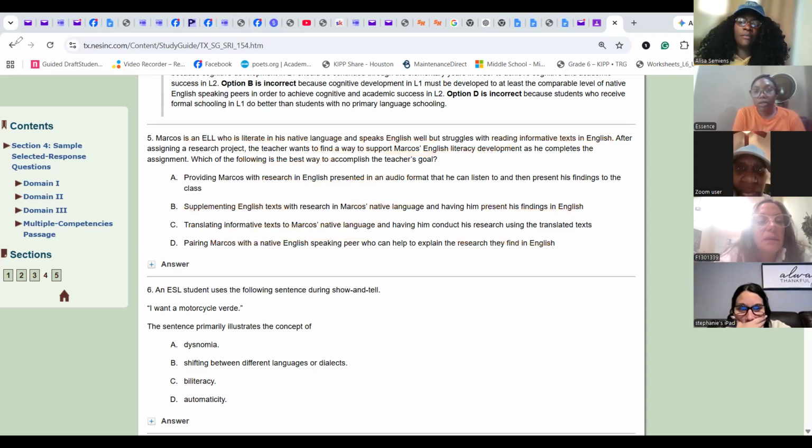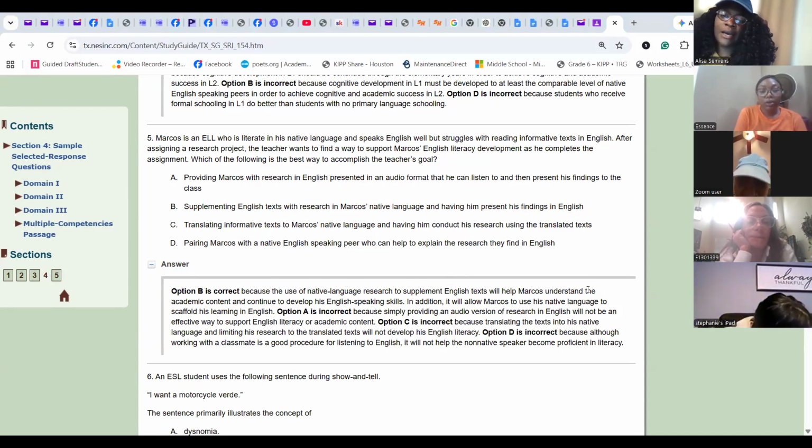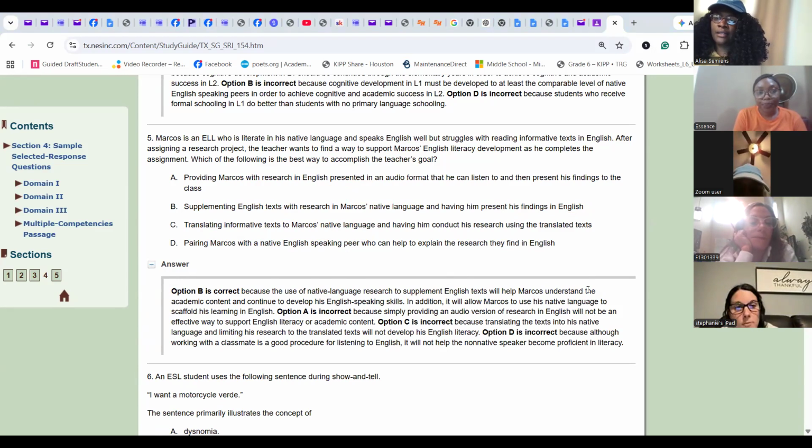So having him present his findings in English, B would be correct, okay? Because the use of native language research to supplement English text will help Marcos understand the academic content and continue to develop his English speaking skills. In addition, it will allow Marcos to use his native language to scaffold his learning in English.